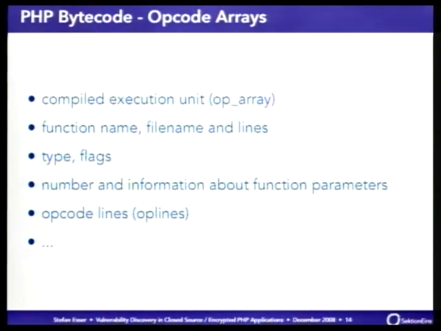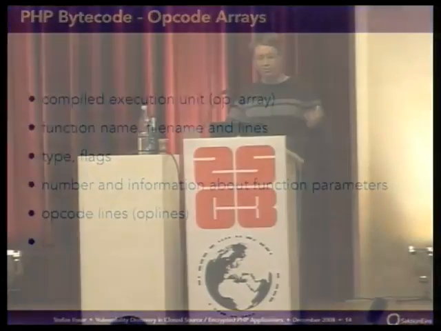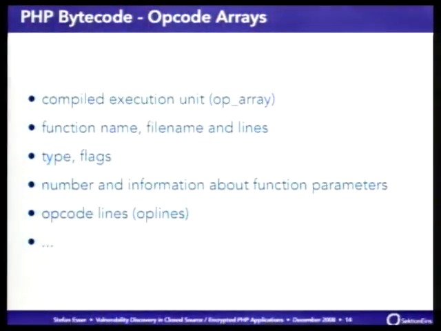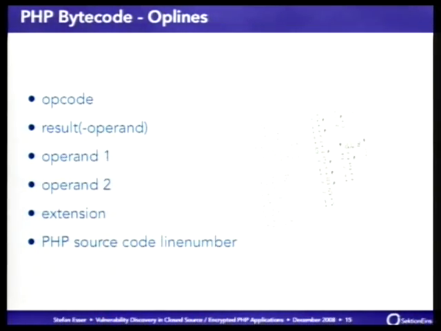And last but not least, there's of course the bytecode, which is stored in kind of op lines, which are the opcode lines, and I will come to that now. For every op line, the PHP bytecode stores exactly one command. You have there the opcode.